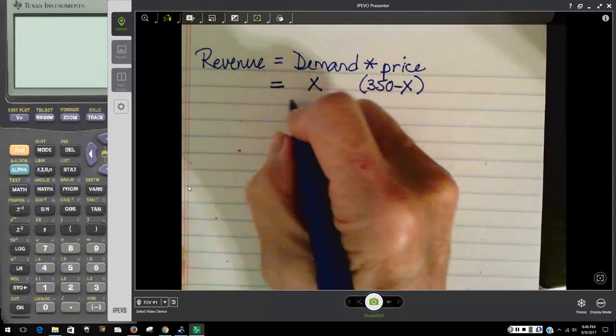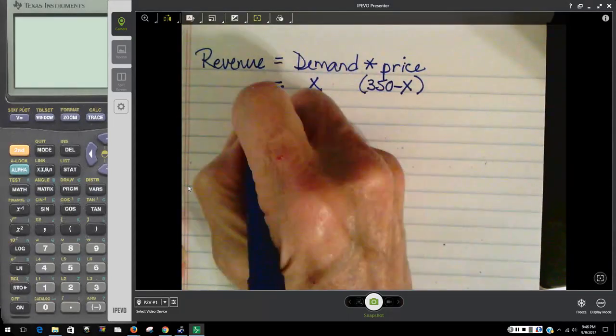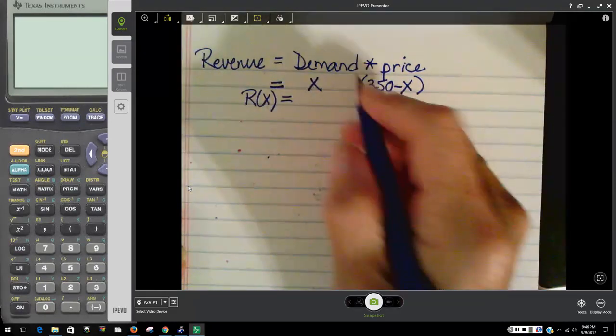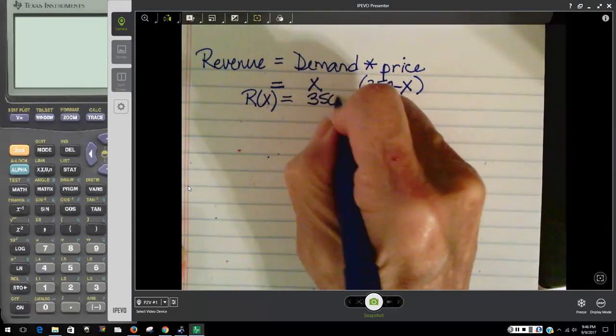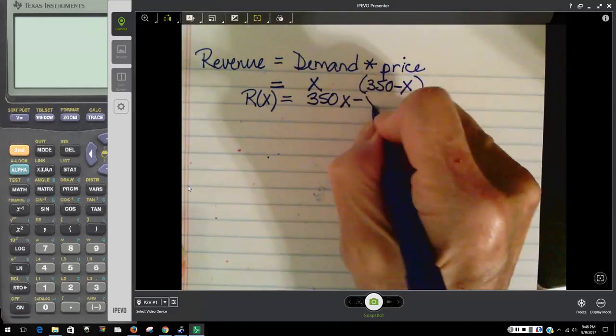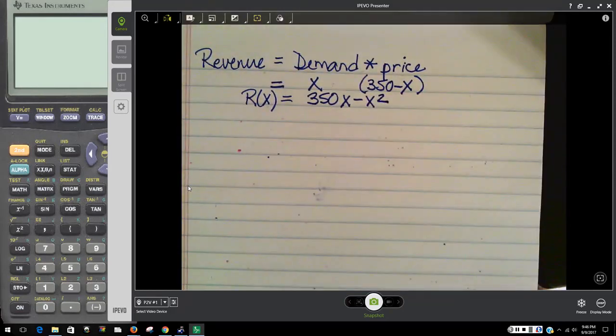So your revenue equation, which we usually write as R of X, is X times 350, which is 350X. And then X times negative X is negative X squared. So there's your revenue equation.